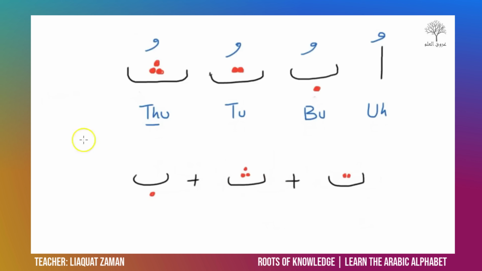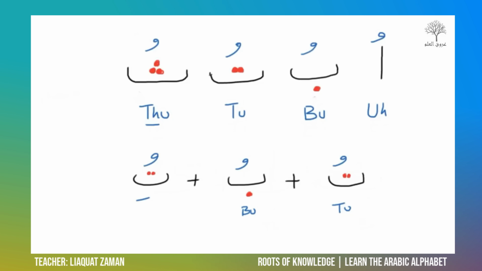Right, so tu, su, bu. Tu, su, bu. Okay, let's remove those, and let's remove the symbols as well. Let's try a new combination. Okay, how would we pronounce this? We'd say tu, bu, tu.